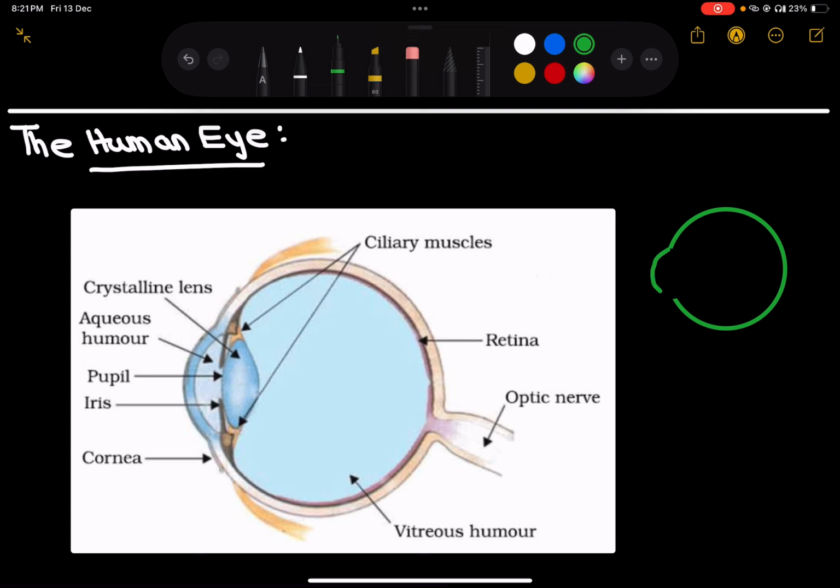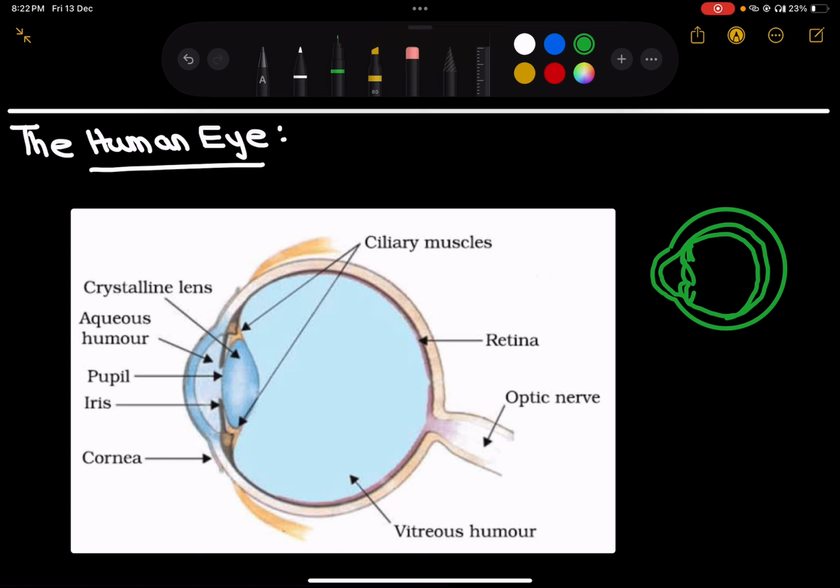Like this. Mine is not very good, but you can understand overall. Then you outline the whole circle once more, and the bulge as well. Then on the inside, if you want, you can make one side a bit thick because that is the screen where your image is projected. Here are the ciliary muscles which you have to show.